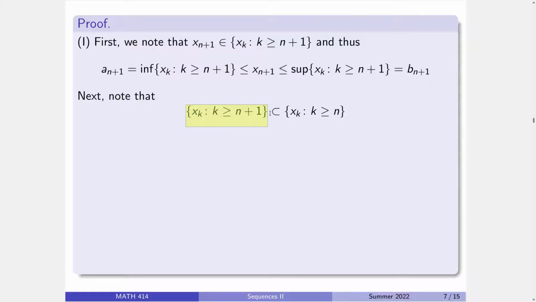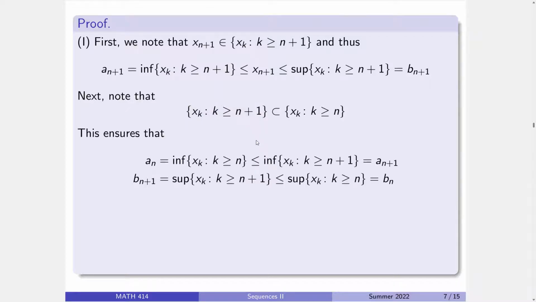Right? I can't take stuff away and my infimum becomes smaller. And likewise, anything that is a supremum here is an upper bound for this, which means the supremum here is always going to be less than the supremum there. And again, that makes sense. If I've got a collection of things and I start removing stuff, the sup can only go down. I can't take things away and the supremum increases, because what I have is still bounded by the original. I can only get smaller.